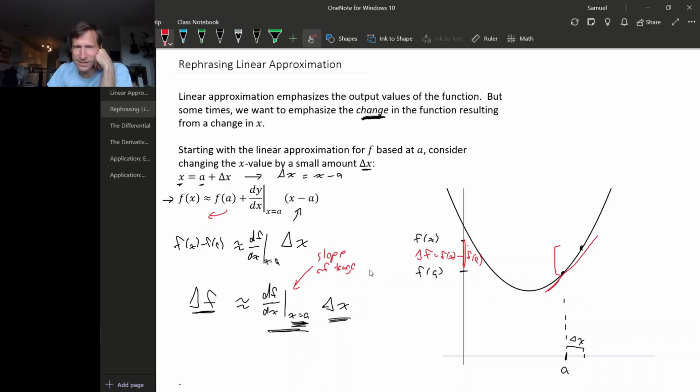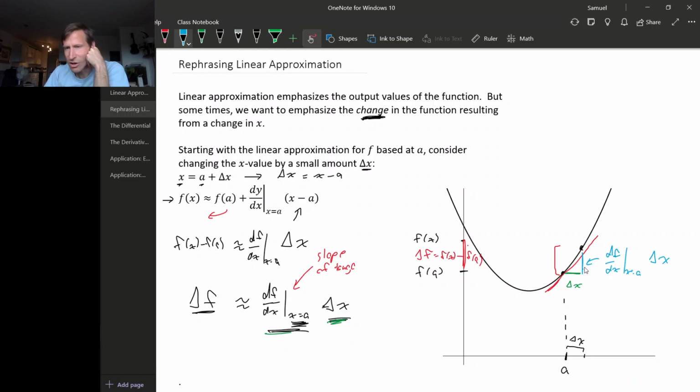And delta x is our horizontal move that we've made here, so that's this distance here. Now when you take the slope of a line and you multiply it by a run, you get the corresponding rise for the line. And that's this blue distance here. So this is df dx at x equals a times delta x.